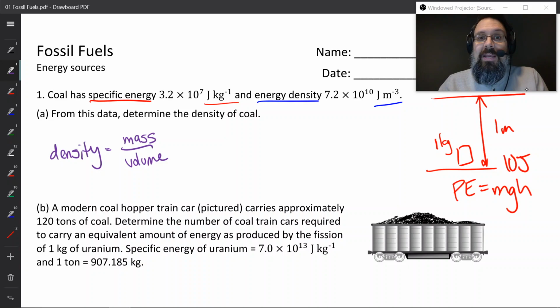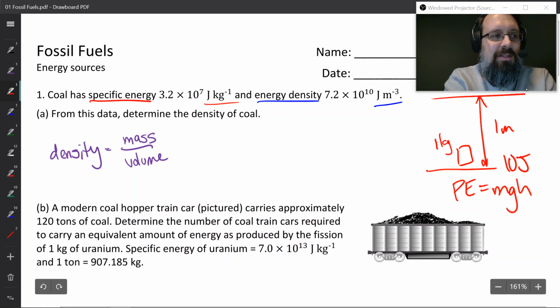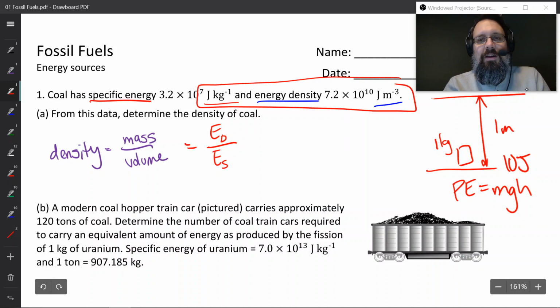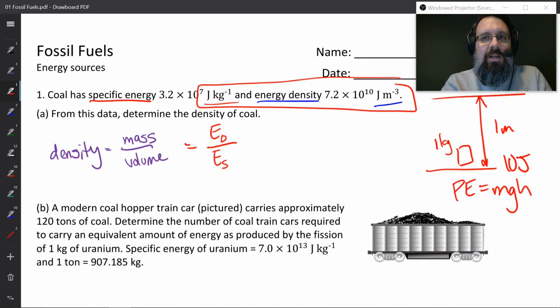All right, so if we want to calculate the density of coal, you can basically write this down: it's the energy density divided by the specific energy. If we look at the two quantities up here, if we want to get units of density, we're going to need mass over volume, so kilograms over cubic meters.